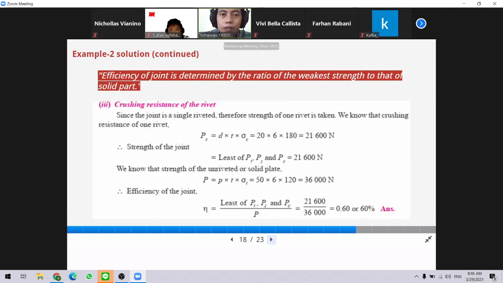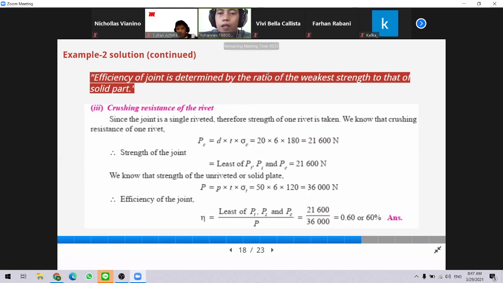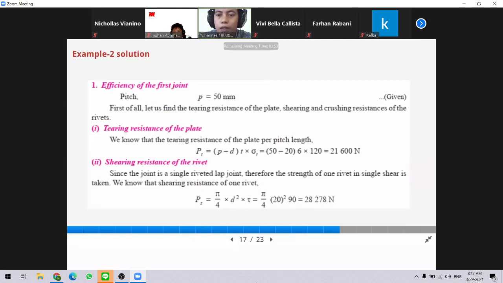And about the crushing resistance of the rivet, because we have only one rivet, only one diameter times the thickness of plate, so only single crushing area, and we have 21 kilonewton. So among those three allowable loads, which is the weakest one?